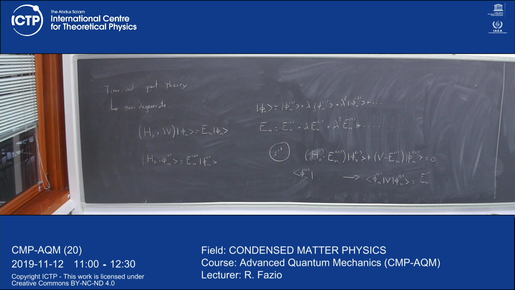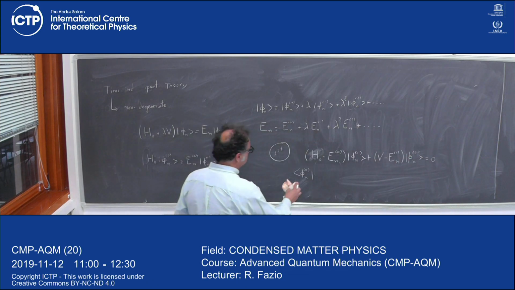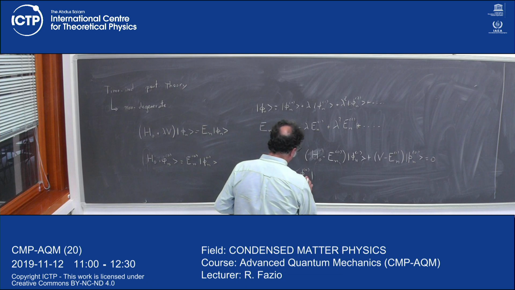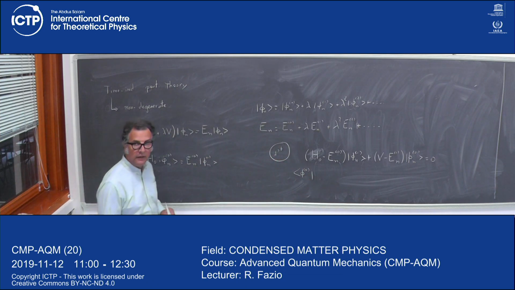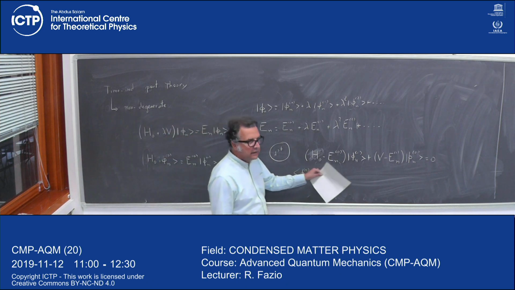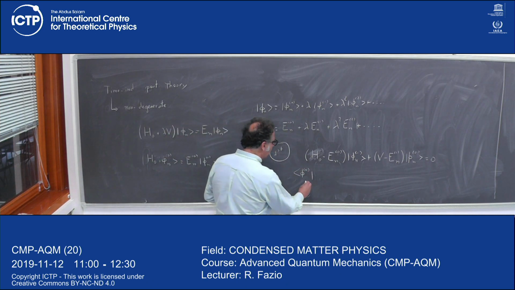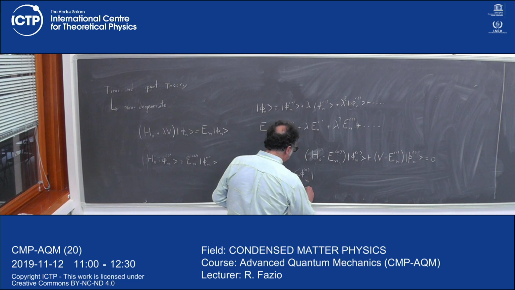So the next thing we have to do is to determine phi1 of n. In order to determine phi1 of n, we just multiply this equation by phi0 of m, with m different from n.